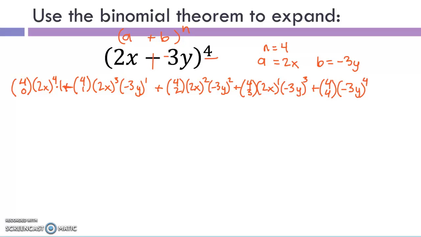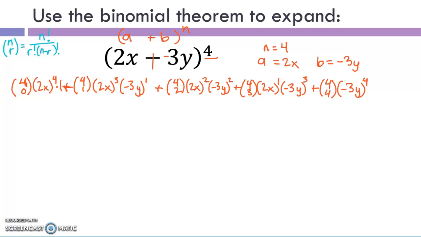Now, 4 choose 0, we can do this on our calculator if we want, or we can use the formula that we talked about in the previous video, where n choose r is equal to n factorial over r factorial times n minus r factorial.